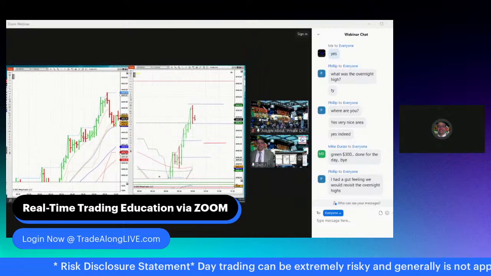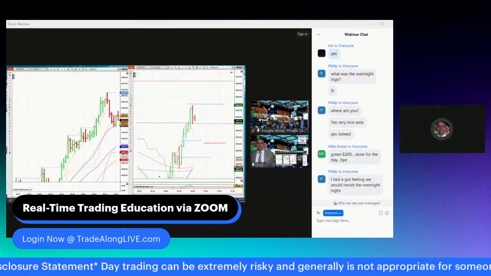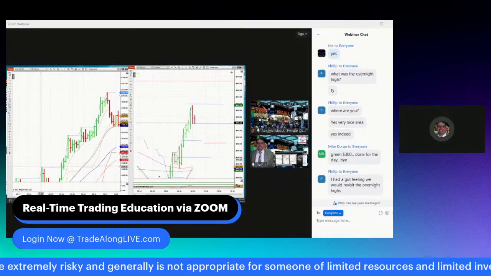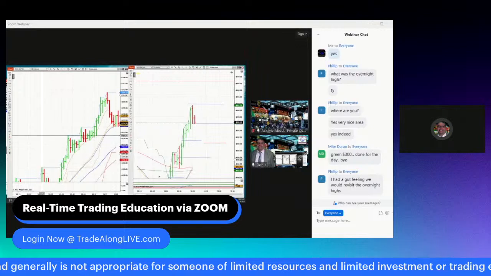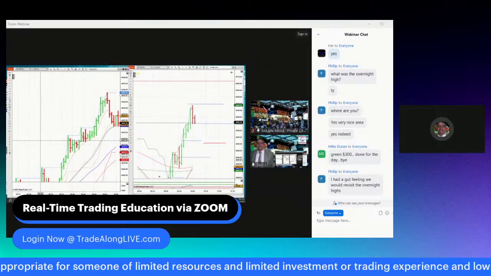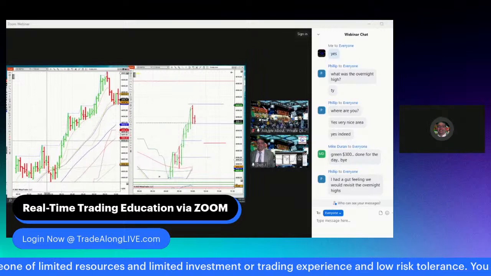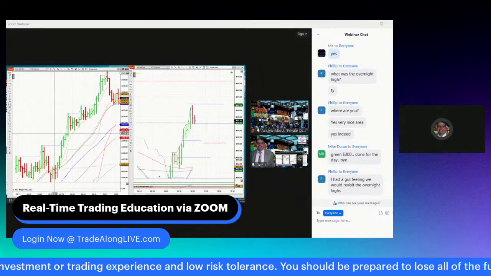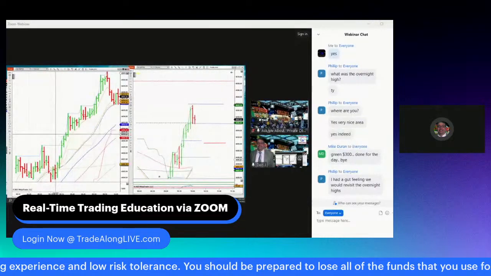The 91 straight up, if you faded it, it worked. If you were waiting to get the 91 straight up, you didn't have much time to get out of it.